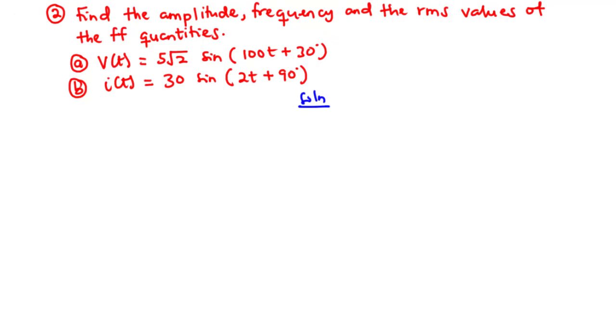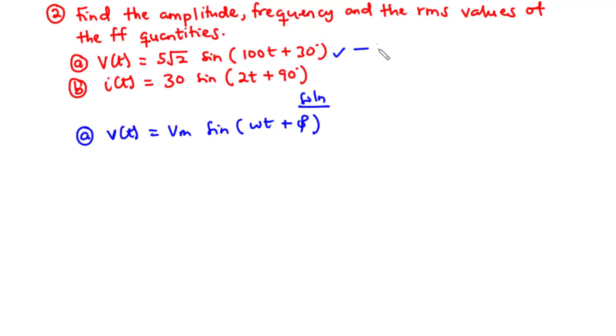Now, because we have these quantities in the form of a sine wave, we are going to compare V of t and I of t to the general form of a sinusoid considering the sine function. So for A, we are going to compare this equation to V of t equals Vm sine omega t plus phi.